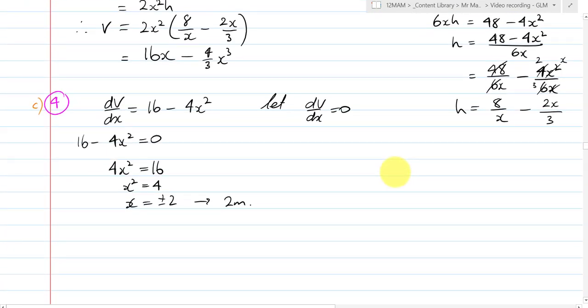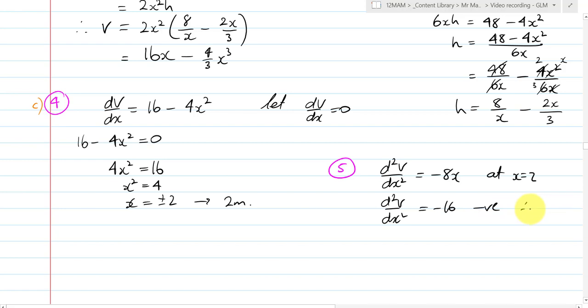And it's asked me to find the maximum volume. So I should just do the check first of all, and this is the check of the nature. So step 5, which is that d squared V/dx squared is equal to negative 8x at x equals 2. d squared V/dx squared is equal to negative 16, which is of course negative, and therefore it's a maximum, which is what we wanted.